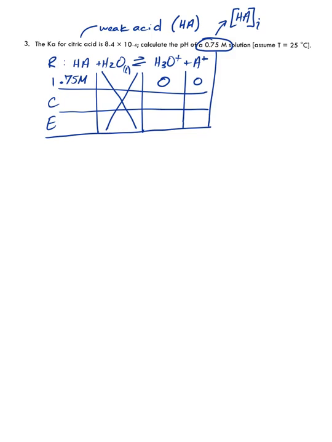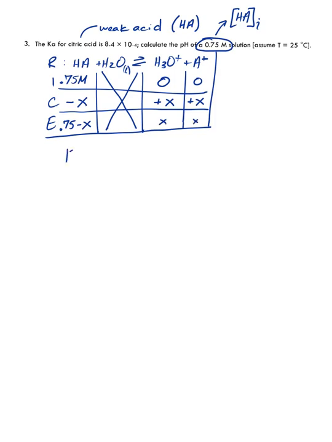So when we're doing these problems, we always assume that it all starts together and it's not dissociated yet. When it dissociates, we are going to form H3O+ and A- and lose HA, so that will be negative. So our equilibrium will be 0.75 minus x, x, and x.